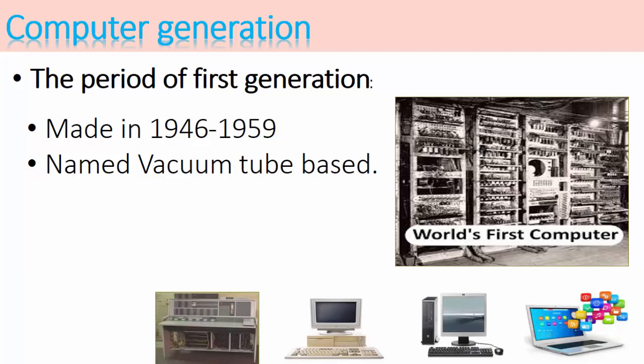1943 to 1956. It is called vacuum tube based because the material used in this computer was vacuum tubes. Students, this computer was very heavy, more than 5 tons, and the length of this computer was 15.5 meters, the width was 0.61 meters, and the height was 2.4 meters. Its speed was solving simple calculations in a few minutes.